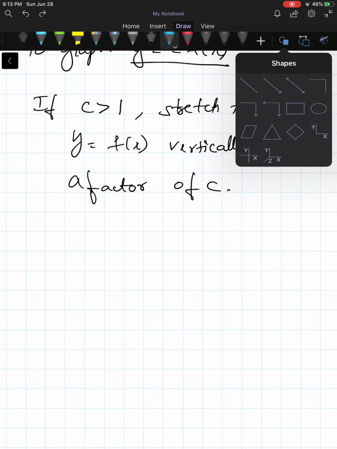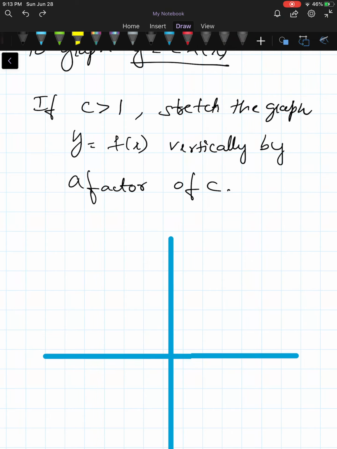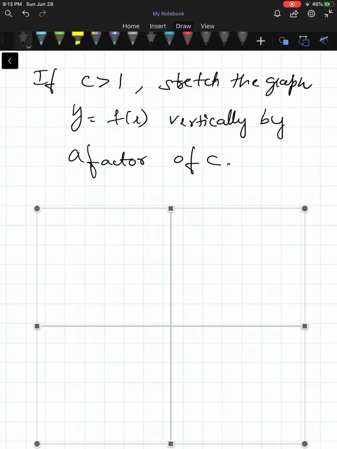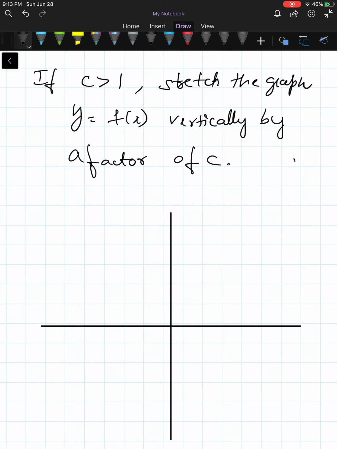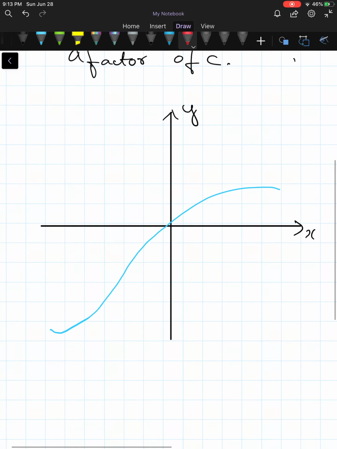Here is your x-axis and here is your y-axis, and the function looks like this. If you have c greater than 1, you will stretch it along the y-axis, and that would be your modified or transformed graph.